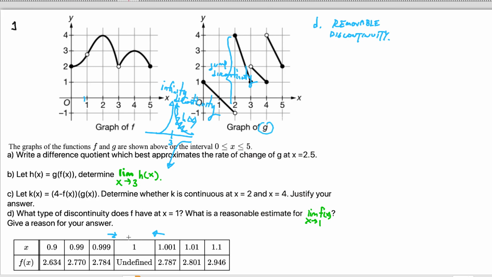Essentially it's asking what's a good estimate for this value right here. And you just average these 2 points together, because this is just to the left of 1, and then this is just to the right of 1. This 0.999 value right here is 2.784, and then just to the right of 1 is this value right here, which is 2.787.